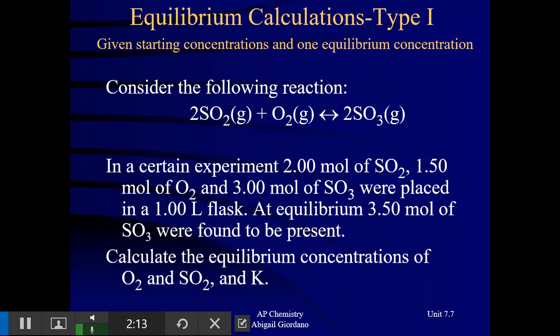Calculate the equilibrium concentrations of oxygen and SO2, and also calculate a value for K. So I'm going to work this problem out on the next slide. I would really encourage you to also write everything that I do. The first thing I am going to do is simply rewrite the balanced equation.